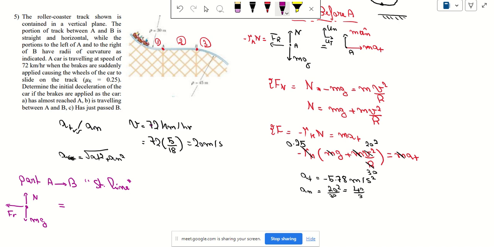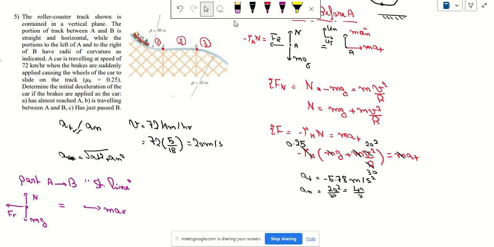All of this is equivalent to m a in the direction. Here I'm studying the point A again. What is the difference between the point A just before and the point A just after?